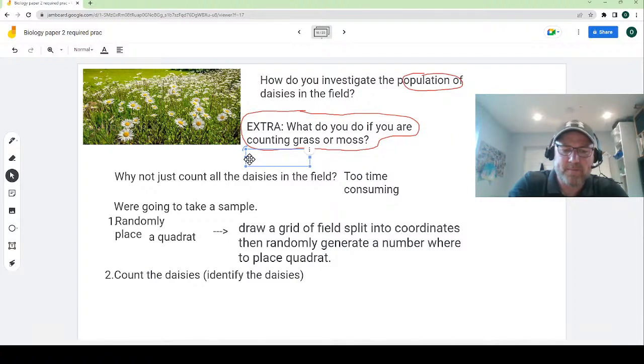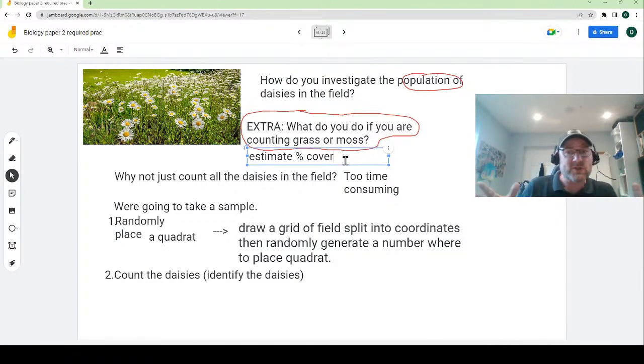So for that, what have I done there? Okay, estimate percentage cover. You're never going to get it quite right. You've got to add up the half squares to make a whole square. And sometimes they've even asked a question before, like, they've given you a quadrat and said count how many squares are covered with the moss or with the grass, and it's been loads of half squares.